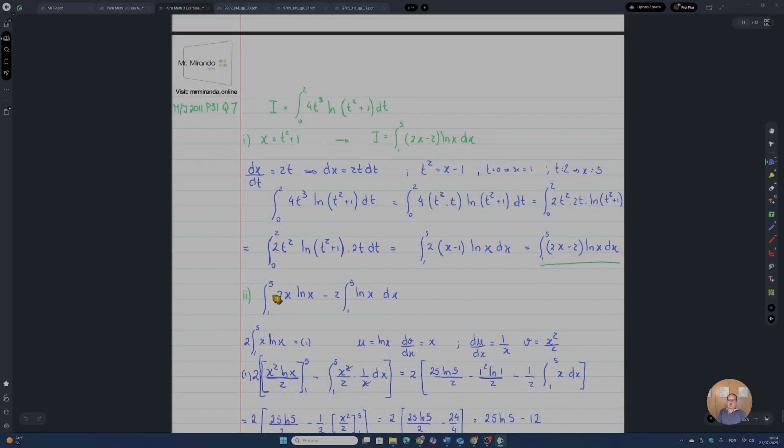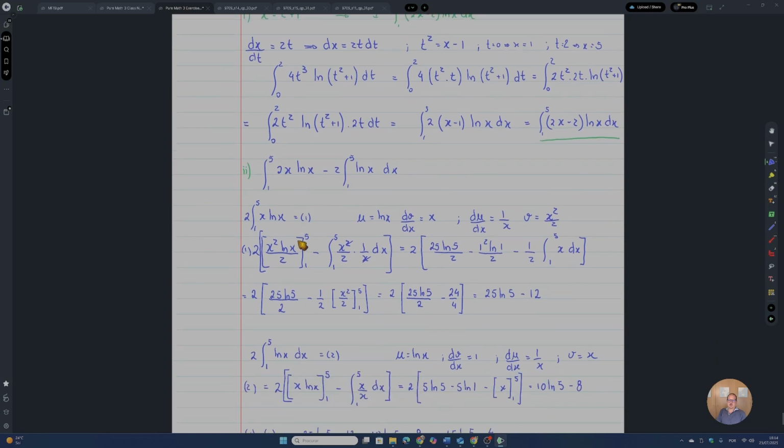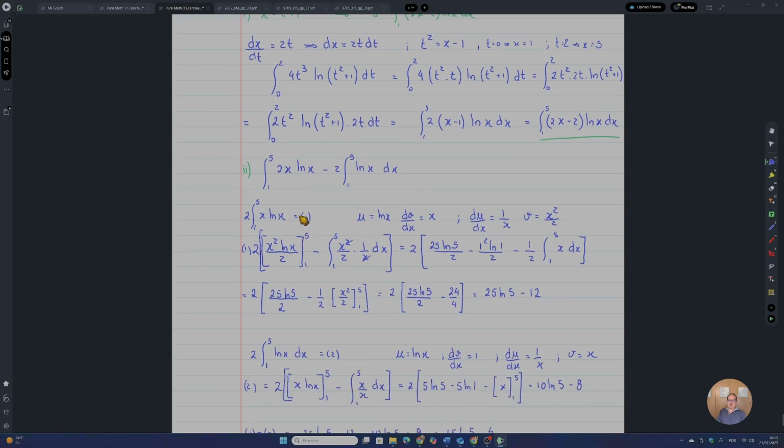Okay, let's integrate now. You can break this down into two fractions, and by the look of it, it's better for us to just do integration by parts twice, but unlike the other question, I'm going to break this down into two sections. So I'm taking care of this first, and then I'll take care of that, and then I subtract, okay? So this part, I send the 2 outside.